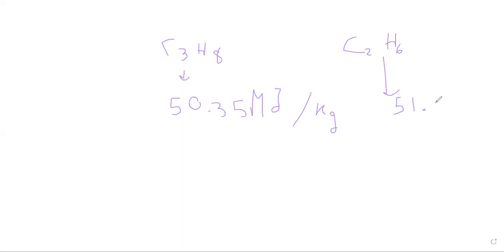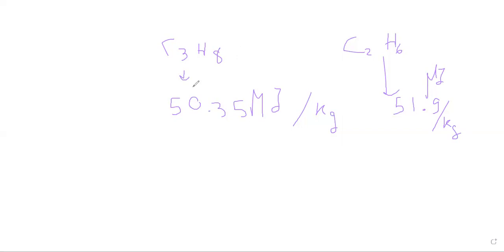Here, please just pay attention to the unit. The unit is very important to know which percentages we should use. Since here we defined the heat in megajoule per kilogram, we need the percentages in mass to find for 1 kilogram of mixture what will be the heat release.